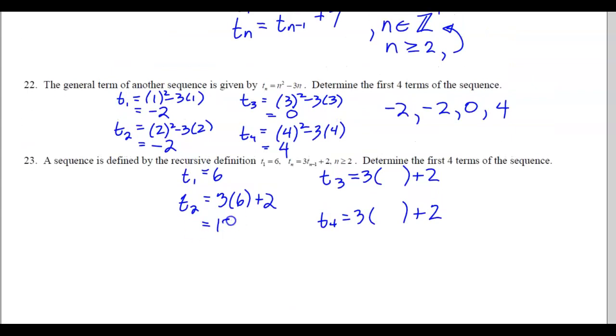Okay, so that's 18 plus 2 is 20. Now I have to put 20 in here. That's 60 plus 2 is 62. Now I put that in there. What's that? 186 plus 2 is 188.